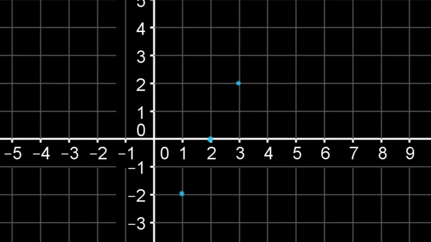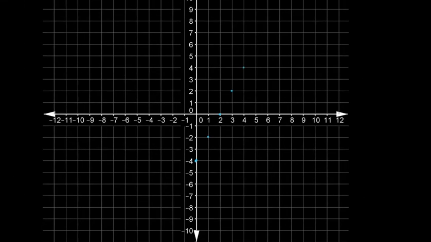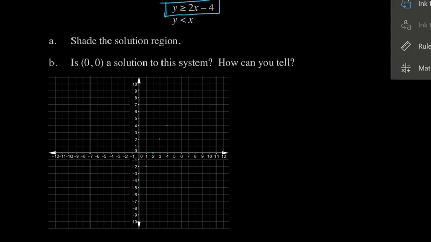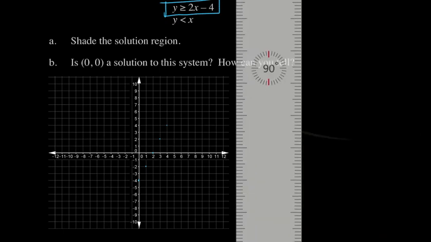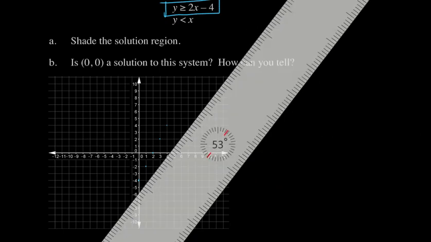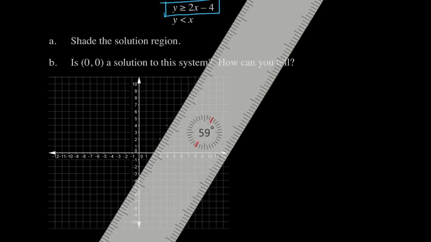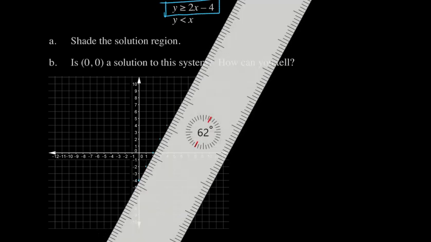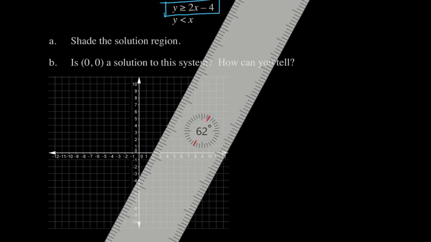So we get the idea, right? That is enough of those points that now I should grab my ruler. I'll just quickly line this up, and there we go. Let's go ahead and just graph this.